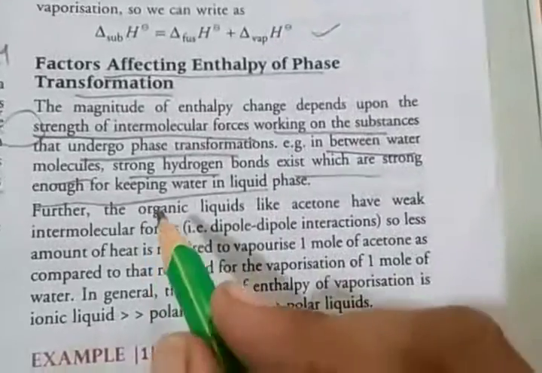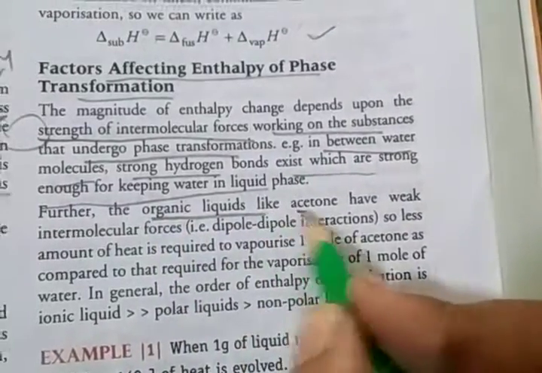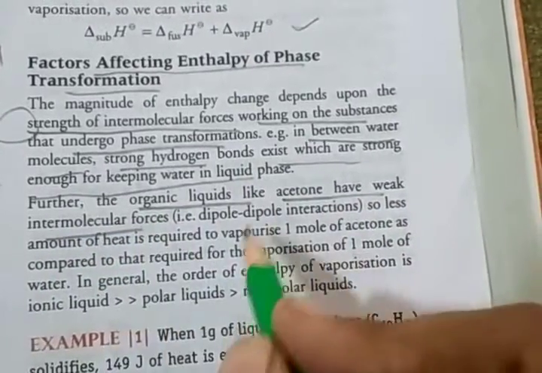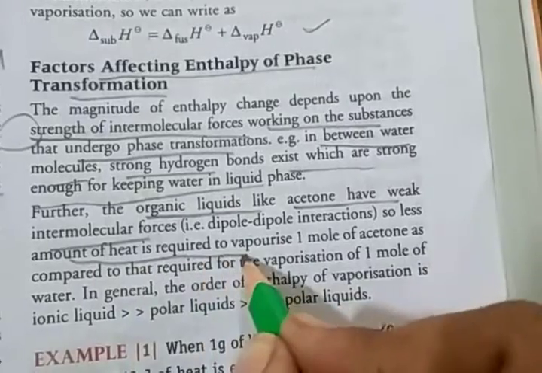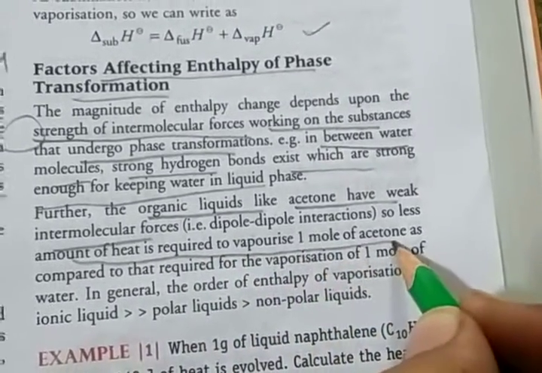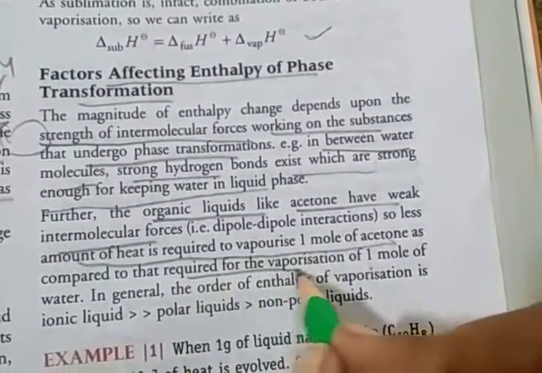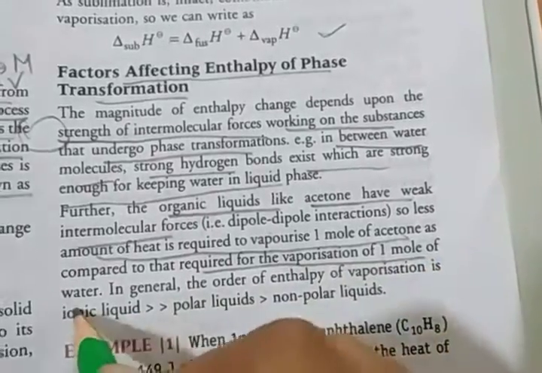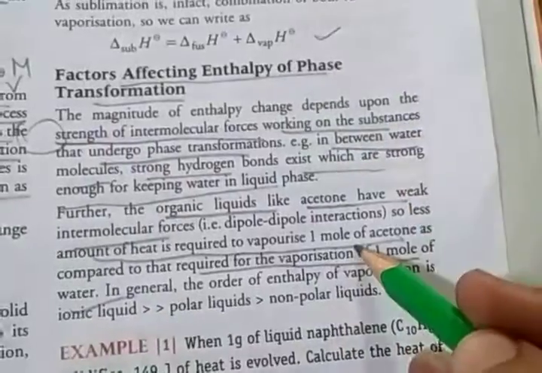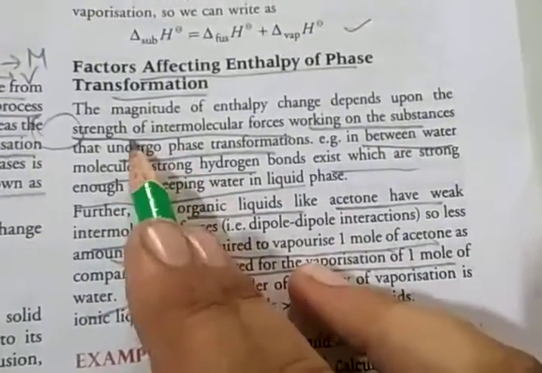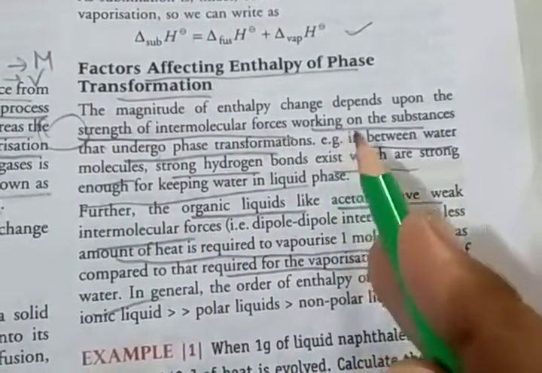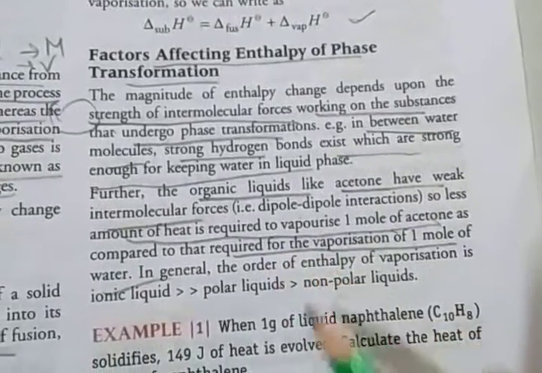Other organic liquids like acetone have weak intermolecular forces, here dipole-dipole interaction, so less heat is required to vaporize 1 mole of acetone than for 1 mole of water. So acetone vaporizes more easily than water, because in water the intermolecular forces are strong, and here they are weak.